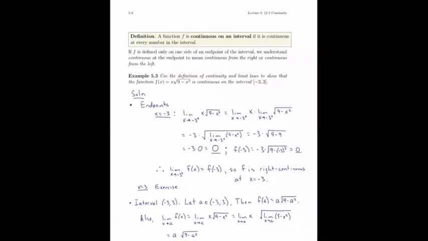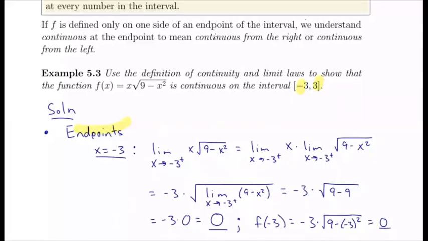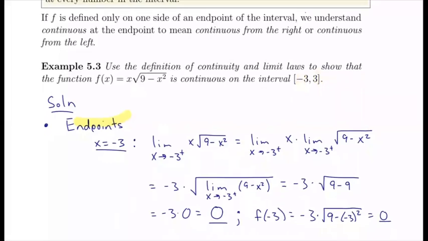First and foremost, when we do the endpoints, we just have to think about -3 and 3. This interval is including -3 and 3 with those square brackets. So we want to consider whether or not the function is truly continuous at those endpoints. I do it here for the endpoint x equals -3.